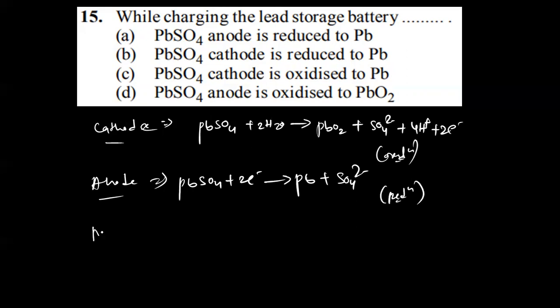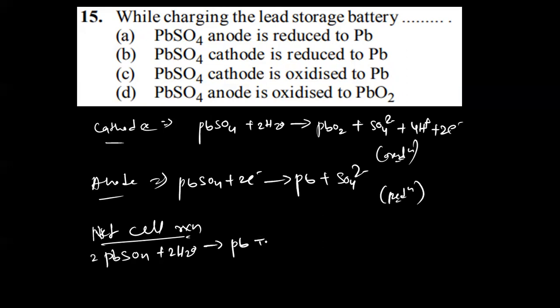And if you consider the net cell reaction, I will write that 2 PbSO4 plus 2H2O gives rise to Pb plus PbO2 plus 4H plus plus 2SO4 2 minus.